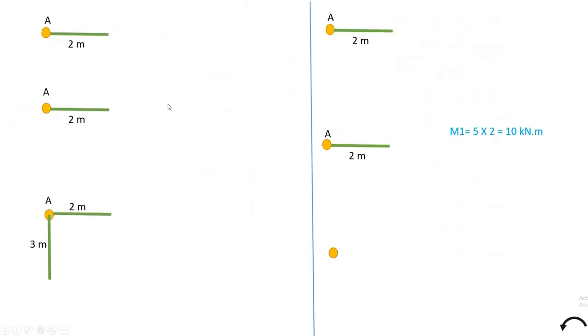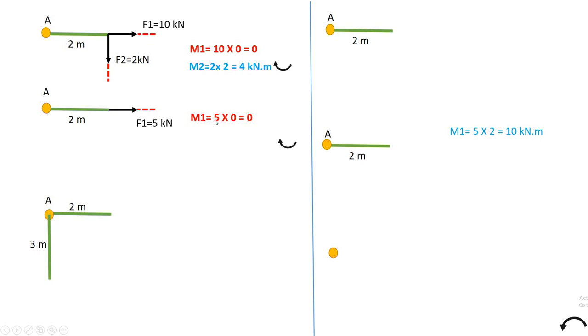Now some few examples. Moment of this force, again the line of action is passing through A, no perpendicular distance, so 0. Moment of this force, 2 into 2, 4, clockwise in nature. Moment of this force, 5 into 0, because no perpendicular distance. Moment of this force, it is 4 into 2, clockwise in nature.